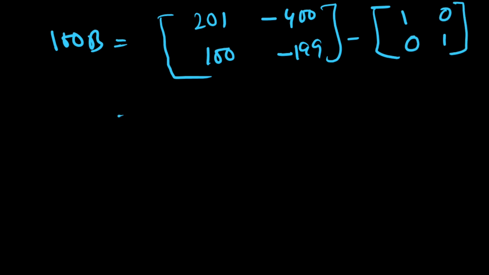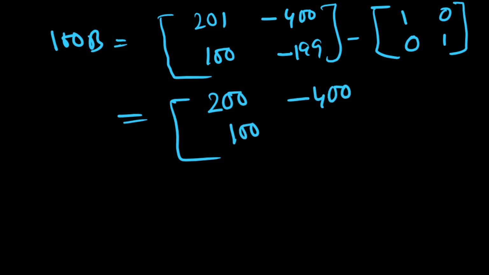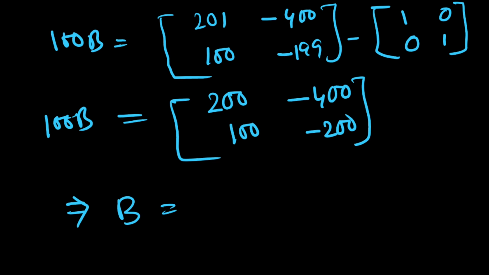[1, 0; 0, 1]. Subtracting, we get [200, -400; 100, -200], so that is 100B. This implies B is equal to [2, -4; 1, -2].